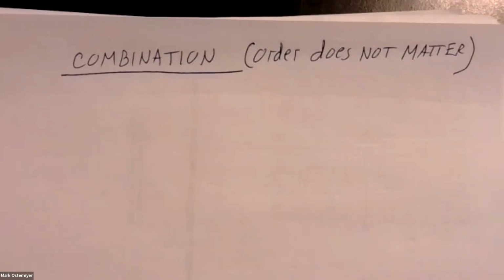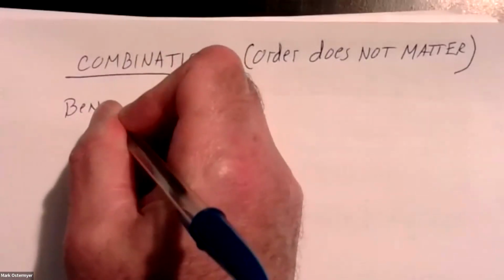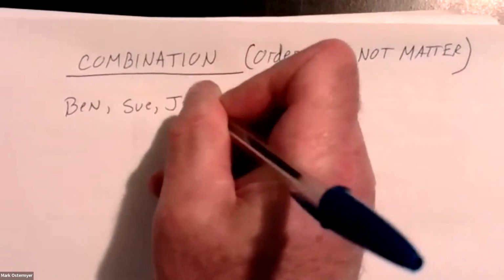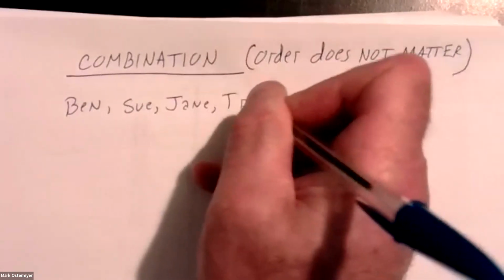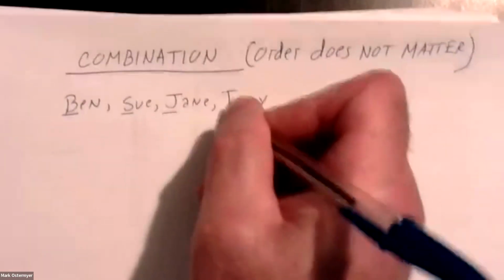Suppose I have 4 people. Ben, Sue, Jane, and Troy. B for Ben, S for Sue, J for Jane, T for Troy.